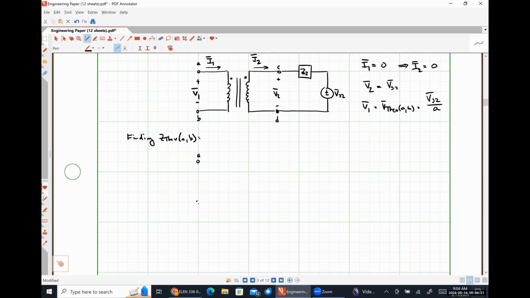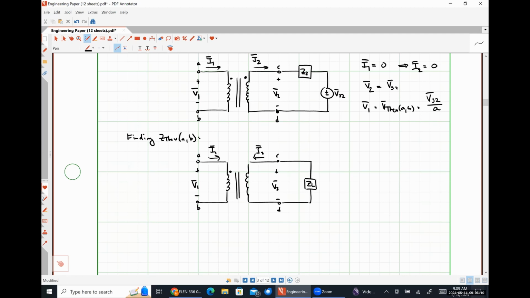So here's A, here's B, primary voltage V1, here's my secondary voltage V2, C, D. All I'm going to see over here is my impedance Z2.